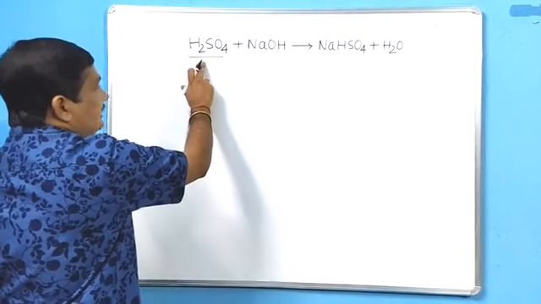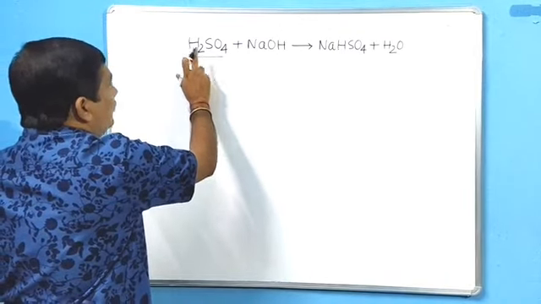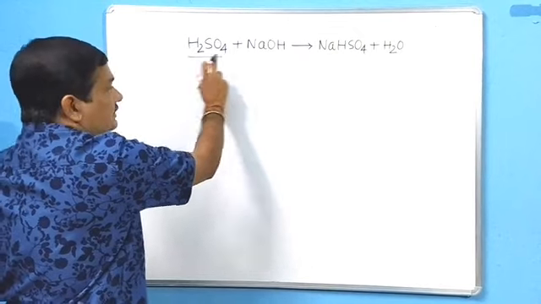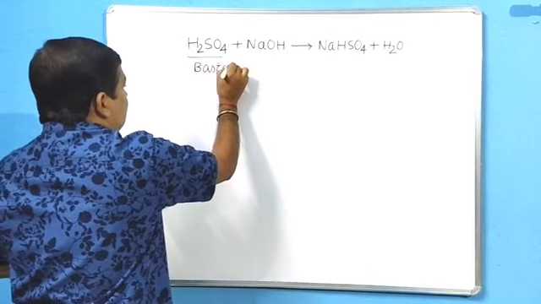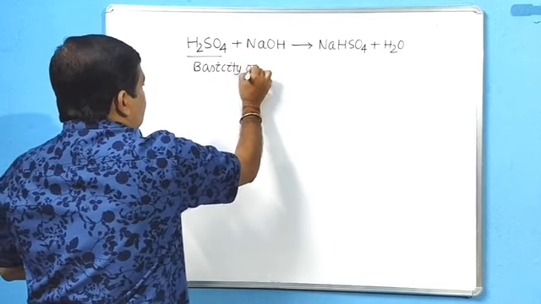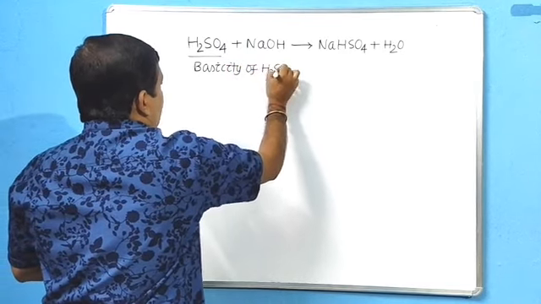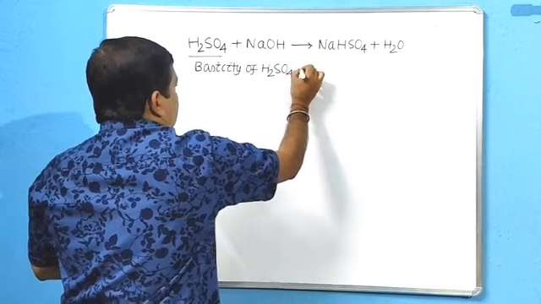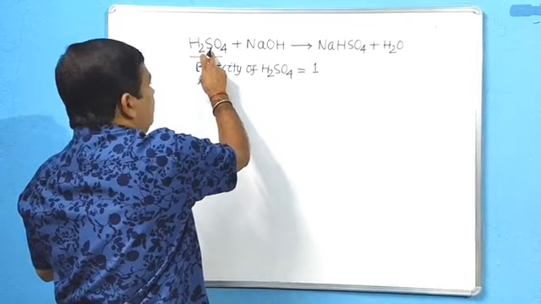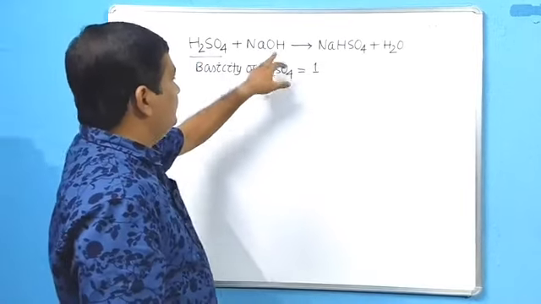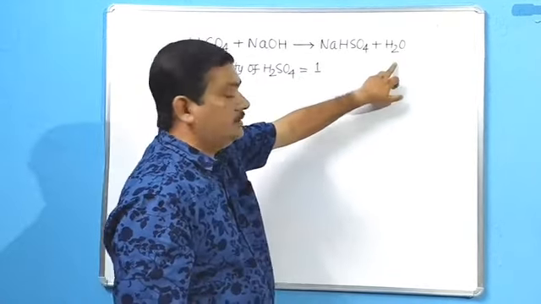So sulfuric acid, as clearly visible, only loses 1 hydrogen ion, H plus. So here the basicity of H2SO4 is 1. So it depends on the equation also. It only loses one H plus ion, which combines with OH minus to form water.